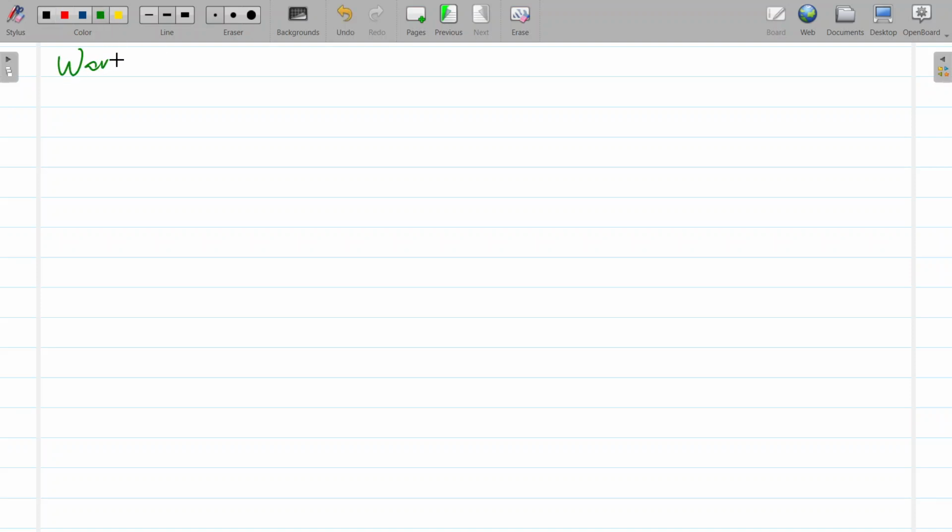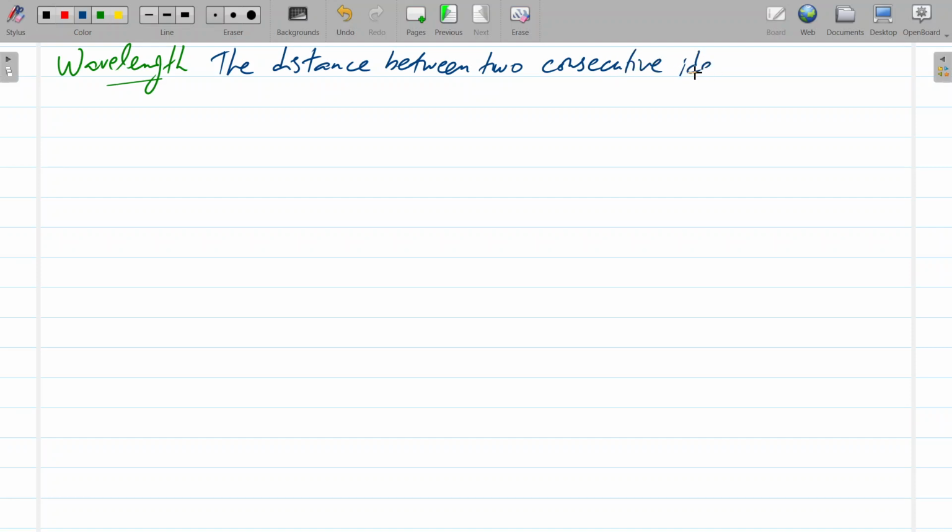So wavelength is the distance between two consecutive identical points, such as two crests of a transverse wave.